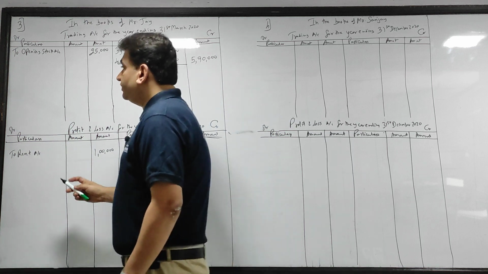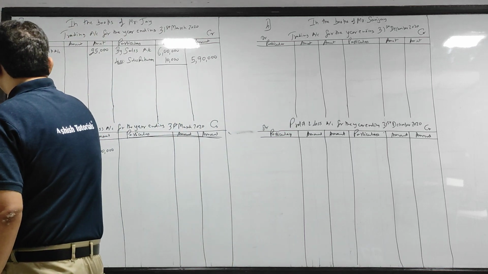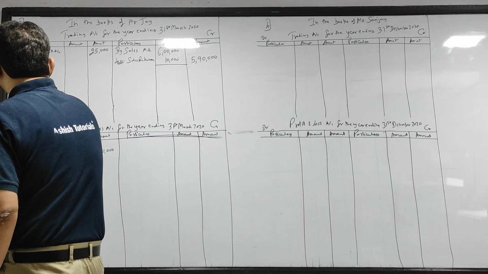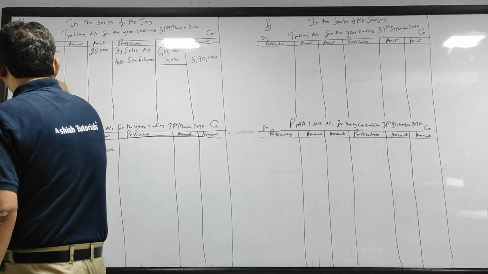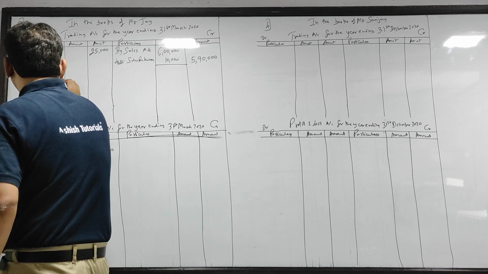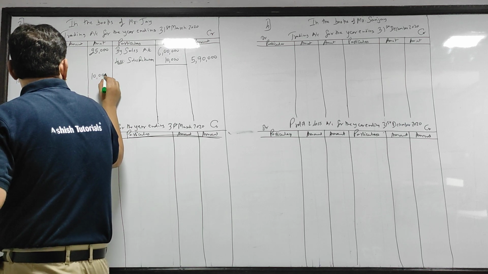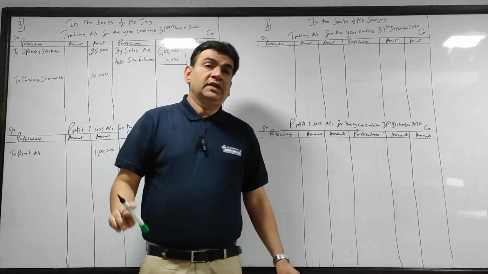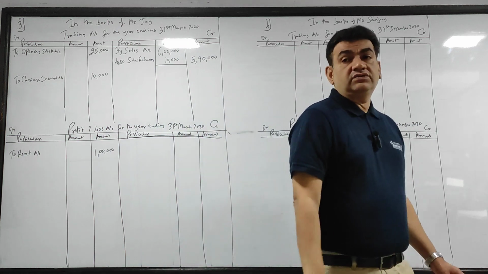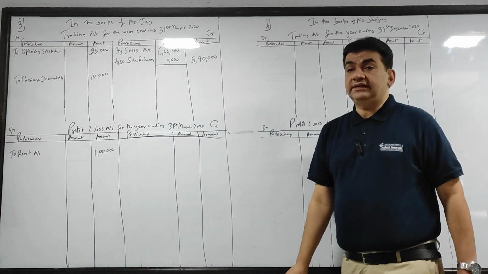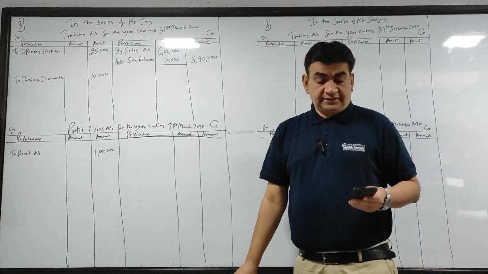Leave 2-3 lines for purchases and then write. So to carriage inward account, that is 10,000.